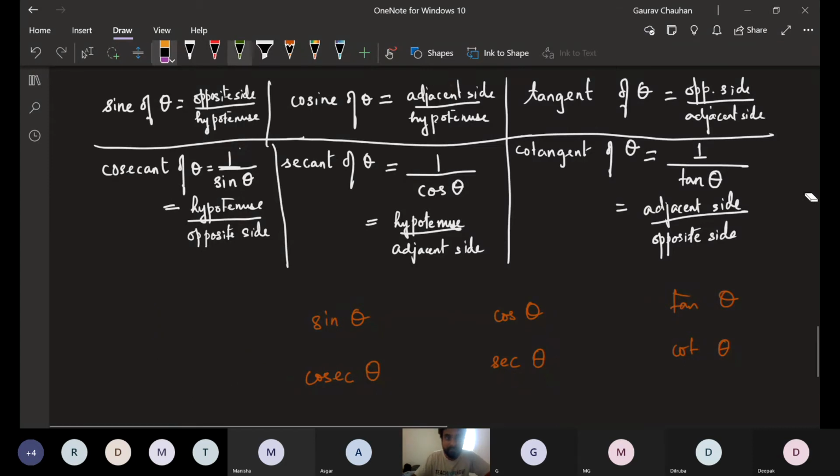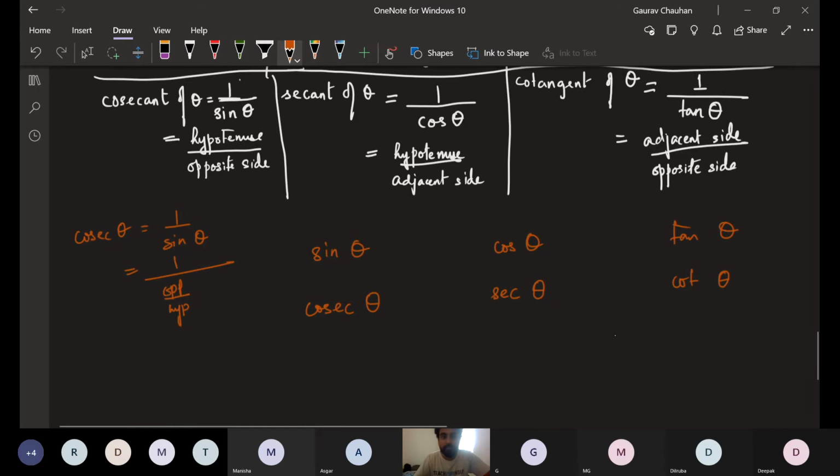I will just explain this part again with sine and cosec. So cosec theta is equal to 1 by sine theta. Sine theta is what? Opposite by hypotenuse. So 1 I am writing as it is, 1 by opposite by hypotenuse.